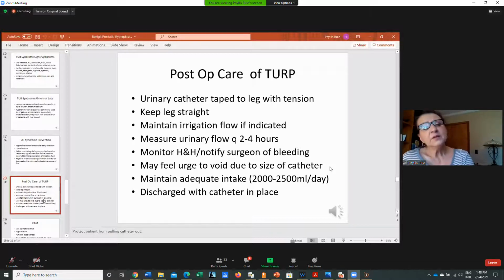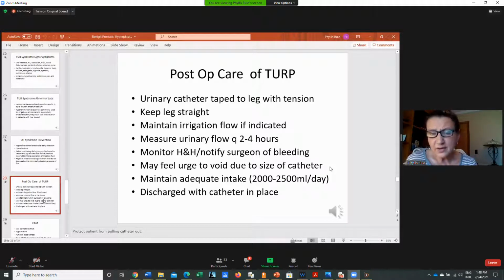And these catheters are a little bigger than your regular 14, 16s. So the patient's going to feel like they have to pee all the time, and that's going to be one of their major complaints. They're going to have the bladder spasms. So it's going to be important to keep them on the antispasmodics and control their pain as much as we can.